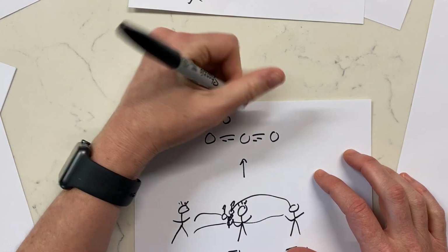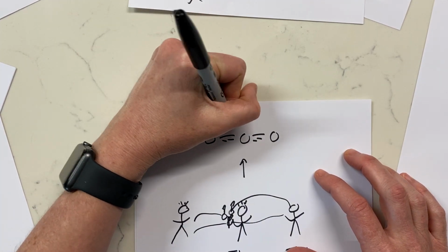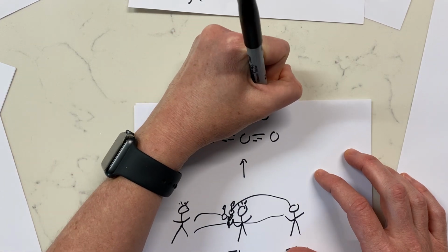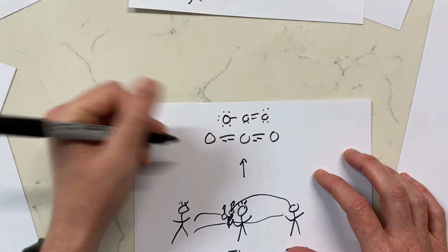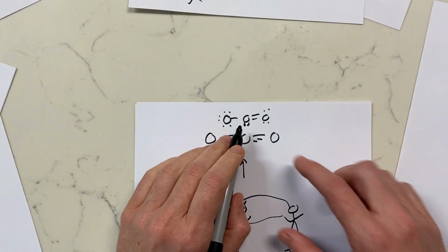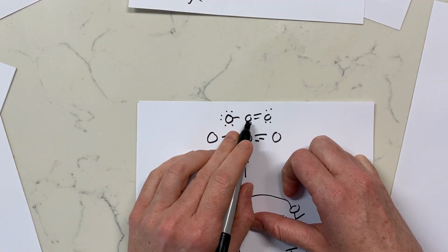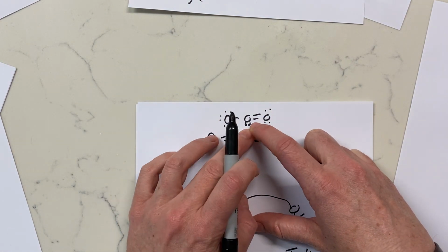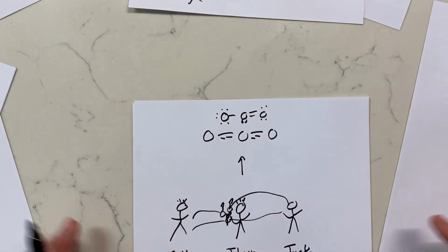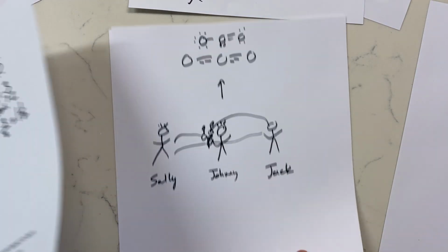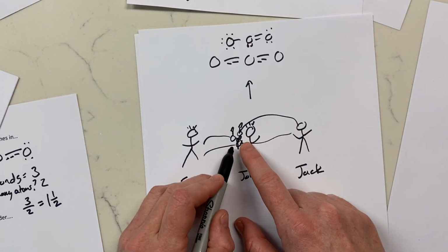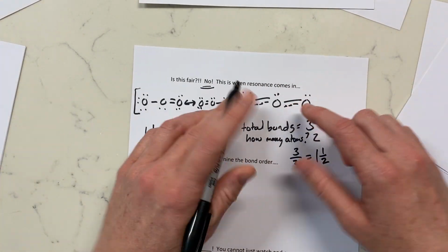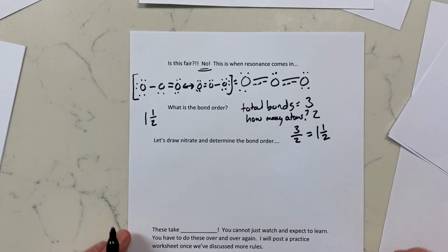We had originally, if you remember, 3 bonds on this oxygen, and we want to share them with these 2 oxygens. So each oxygen gets 1.5 bonds. 3 things between 2 people. 3 bonds between 2 atoms gives you 1.5.